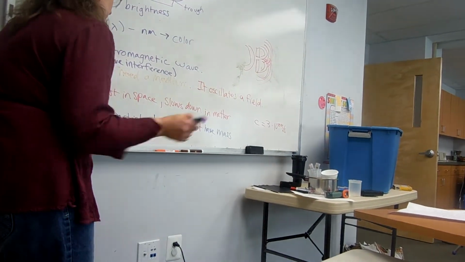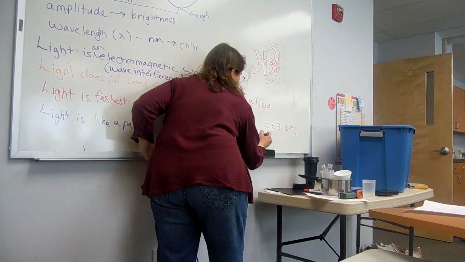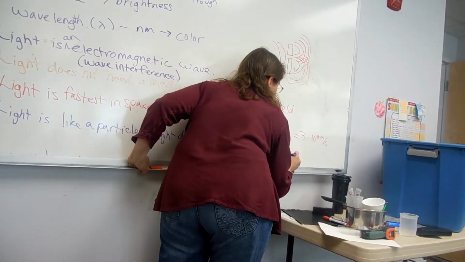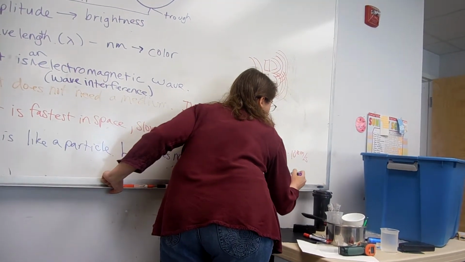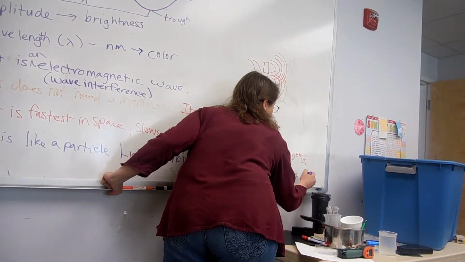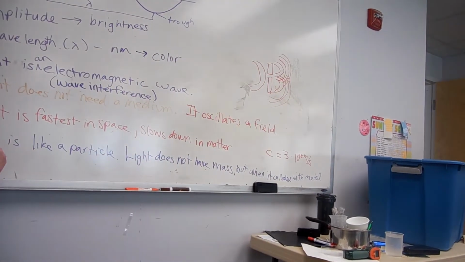So light doesn't have mass, but when it collides with something like metal, it knocks electrons off.